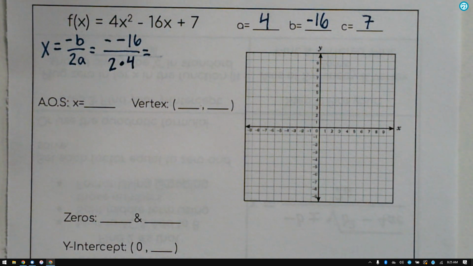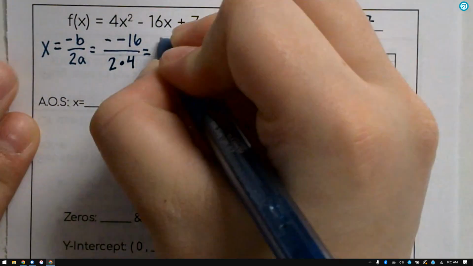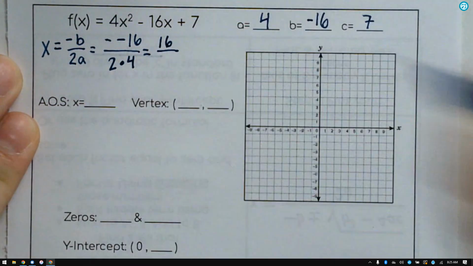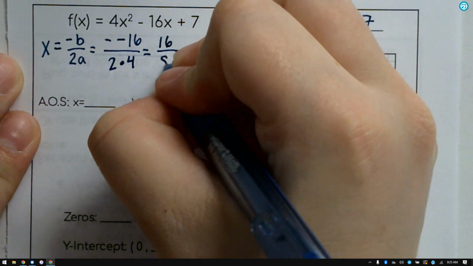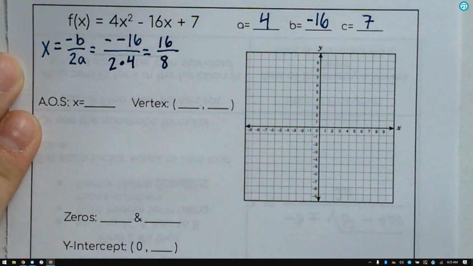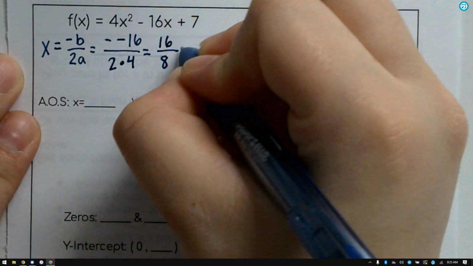A negative is positive, so that's positive 16, over 2 times 4 is 8. So we've got 16 divided by 8, which is 2.